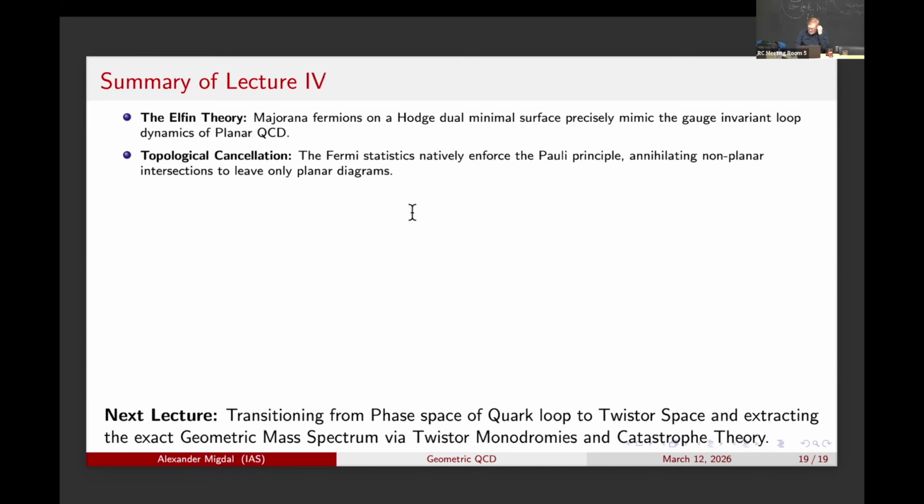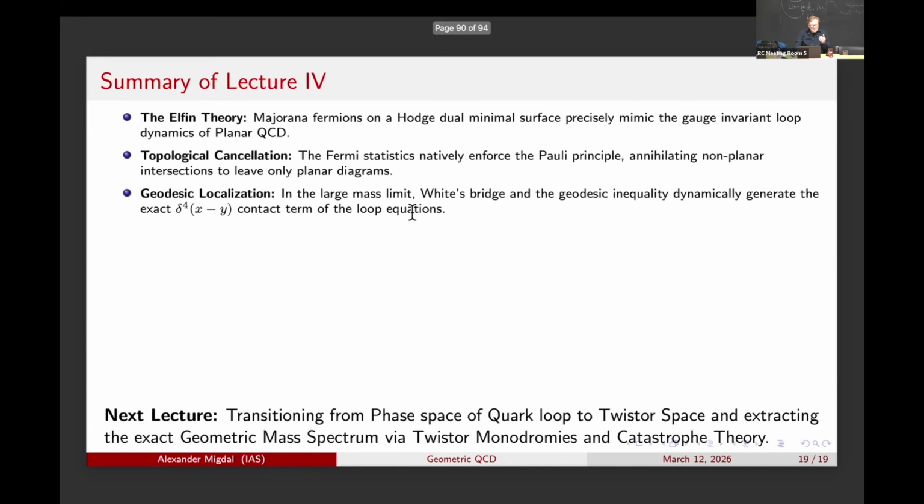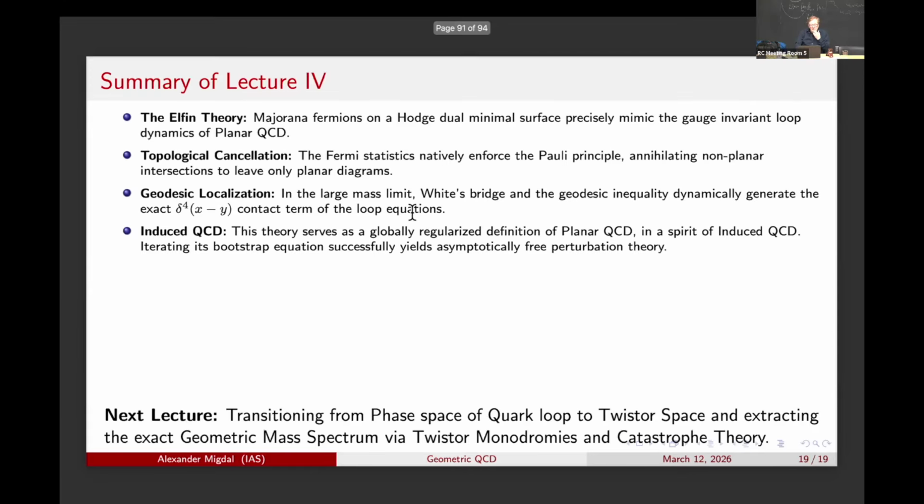Indeed, topological cancellations exist and cancel non-planar graphs on a surface. And now this geodesic localization and large mass limit, the White's bridge and geodesic inequality generate the necessary four-dimensional contact term in the loop equation. And then basically we are inducing QCD.